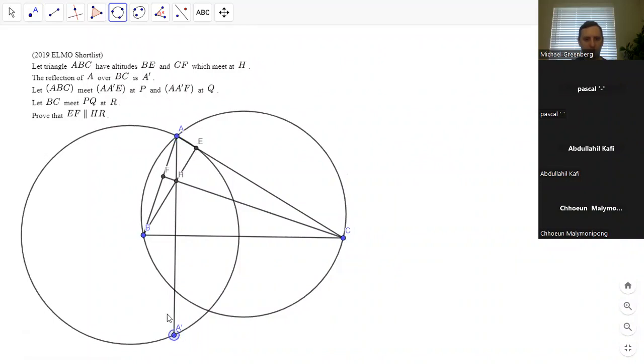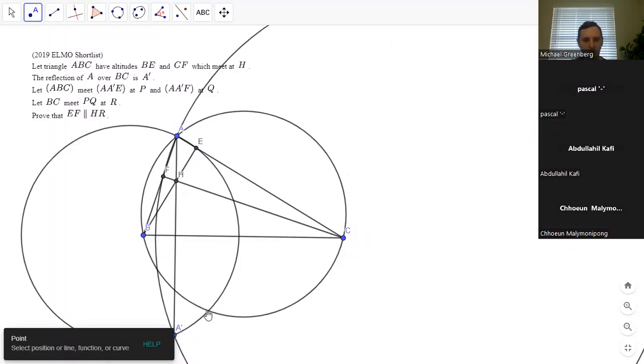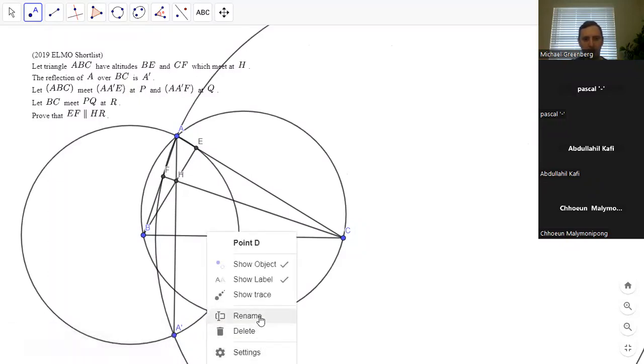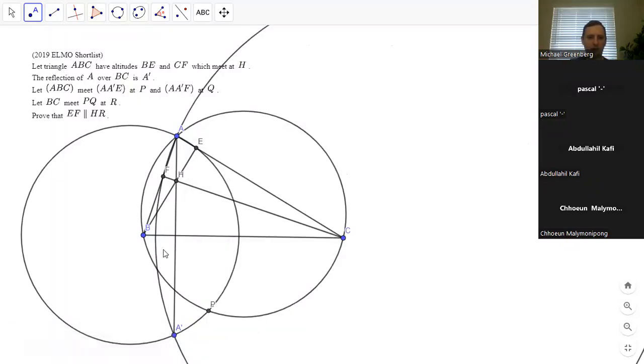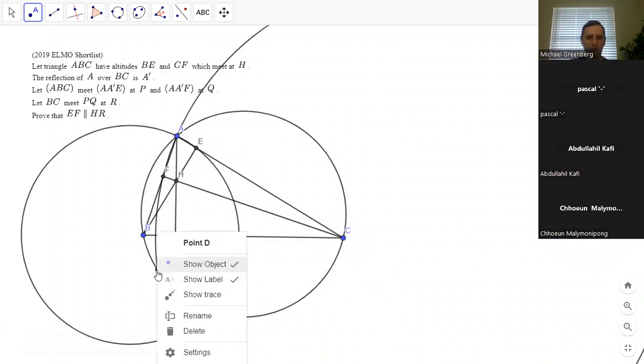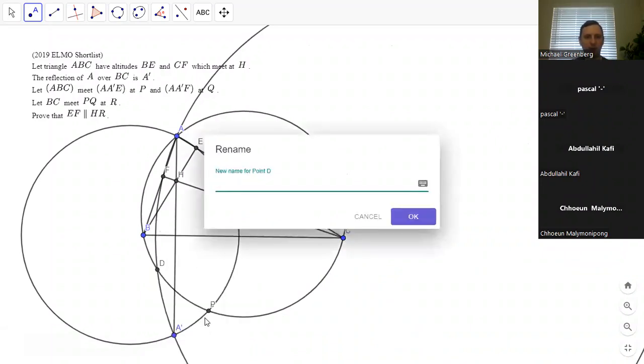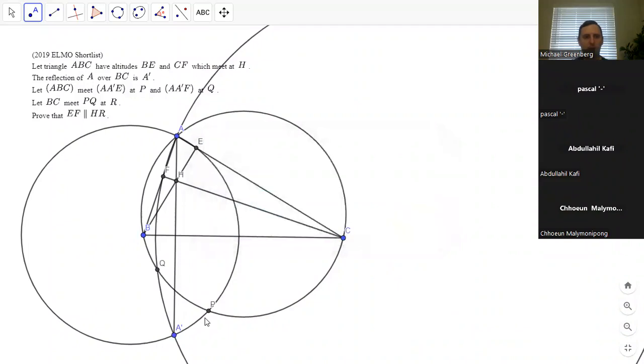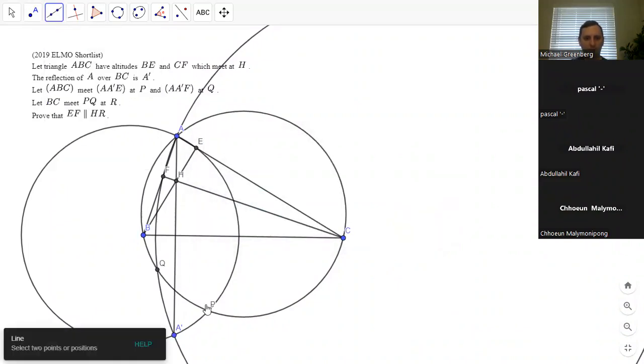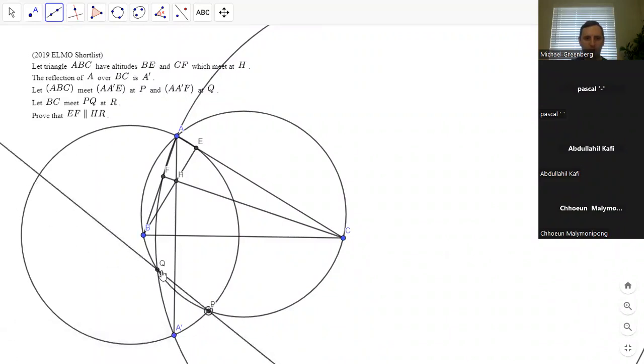So kind of an interesting configuration. It meets A prime AE at P, and this circle meets it at Q. And DC meets PQ at R, and we want to show that EF is parallel to HR.